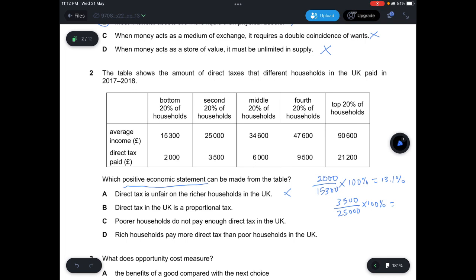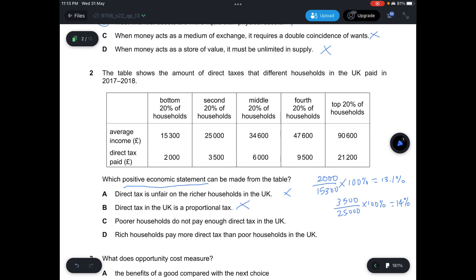So 3,500 divided by 25,000 times 100, and then you get 14%. This means that it is not proportional, sorry, it's progressive. An increase in percentage means it's progressive, so B, which says direct tax is proportional, is not correct.